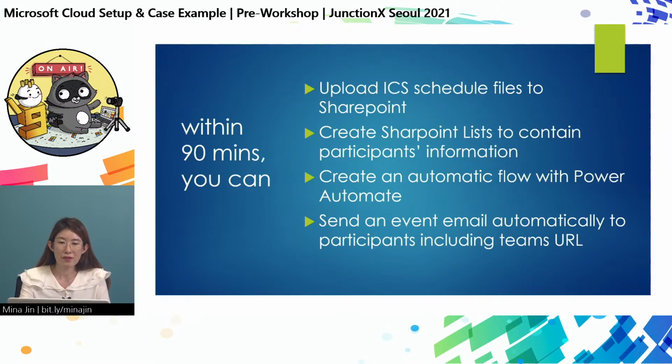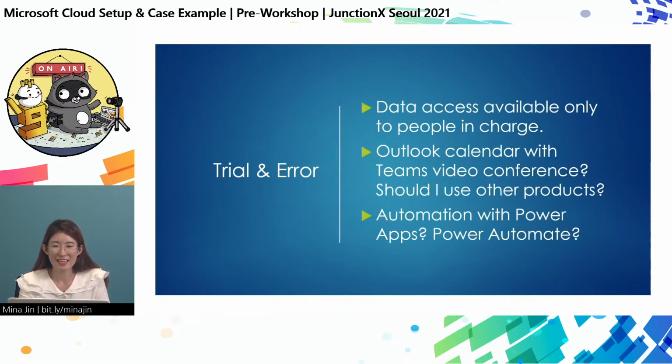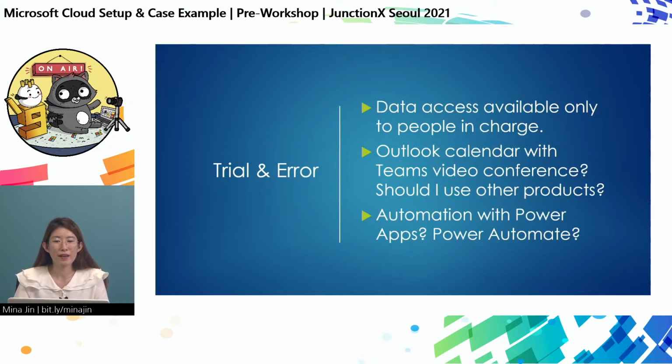So I have tried to find an easy, simple, and efficient way. So with lots of further steps, I was definitely sure that data access must be available only to people in charge as well. And I thought I have to use Outlook calendar with Teams for video conferencing. To find a better and easier flow, I decided to use Power Automate for the automated process.